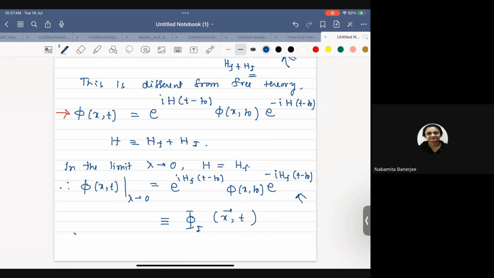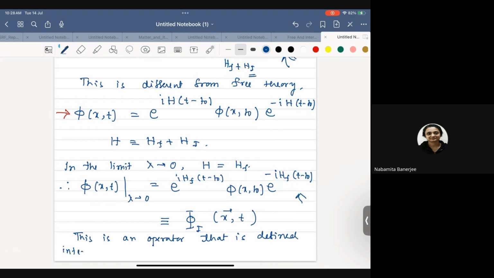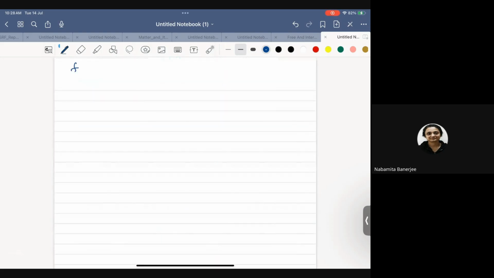Okay, so this is an operator that is defined in terms of free theory objects, but it is from the interacting theory.